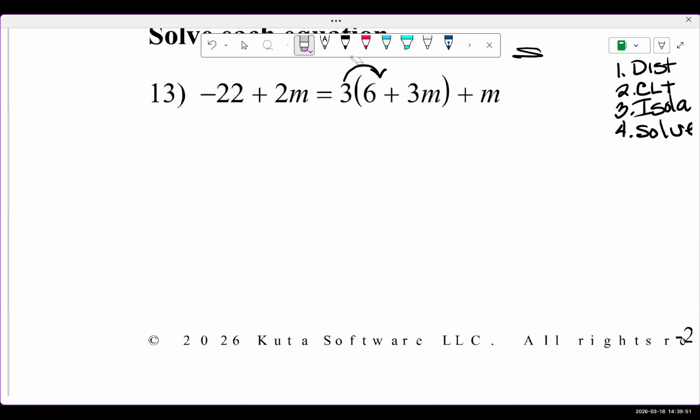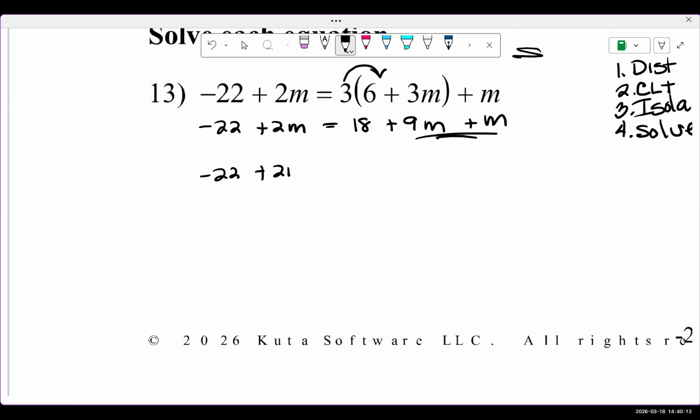Number 13. First, we're going to distribute. So I have -22 plus 2m is equal to 18 plus 9m, and then we have another m outside waiting. Let's combine like terms. -22 plus 2m is equal to 18 plus 10m. Okay, how do we solve this equation? Let's see who the king is.